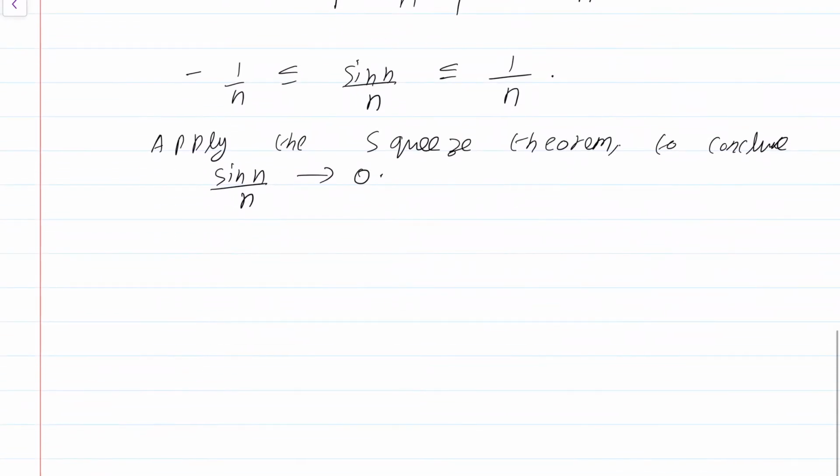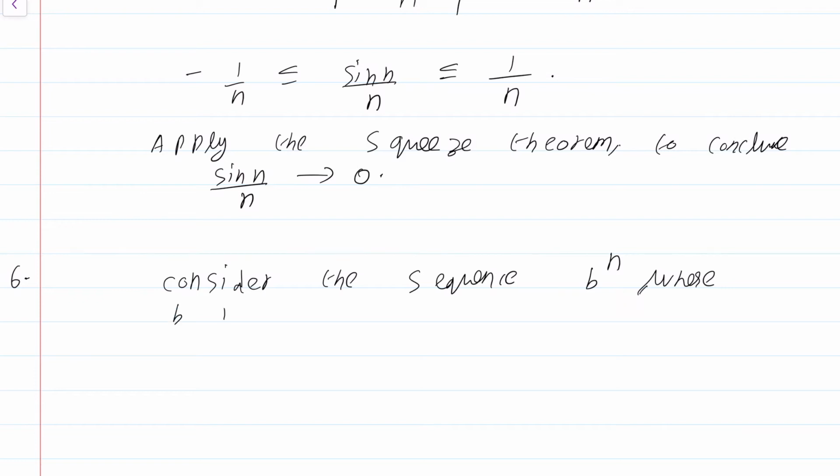Now let's see some more. What I'm going to do now is consider the sequence a power n. Note this is not a power n. So to make it ultra precise, consider the sequence b power n, where b is fixed.